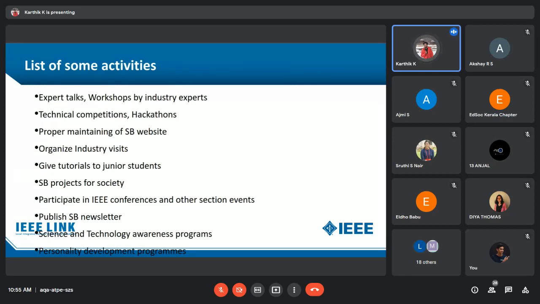Then only, if they see that people have come from here, will they also feel that they need to come to your events. So like that, you need to build camaraderie within the sections. Then publish an IEEE newsletter, science and technology awareness programs, personal development programs. These are some of the things that you can do within your SB itself.